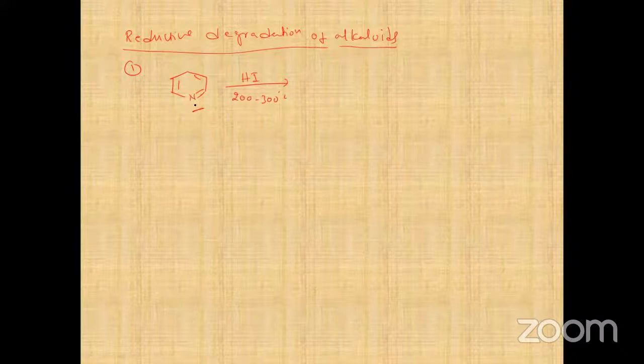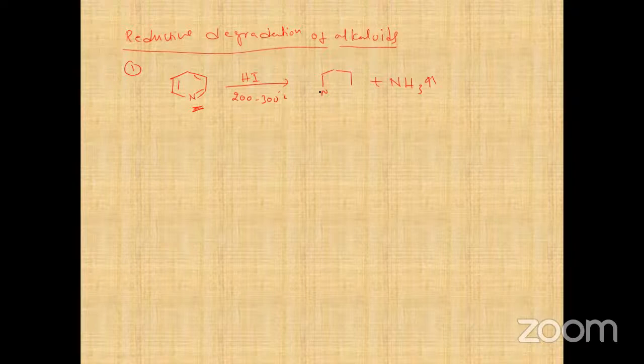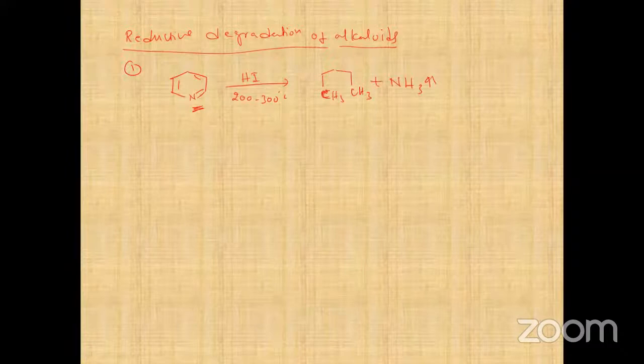Therefore, the nitrogen is eliminated as ammonia gas, and the remaining compound is fully reduced to a saturated one, which leads to the formation of a simple pentane molecule. That is the reductive degradation with hydrogen iodide.